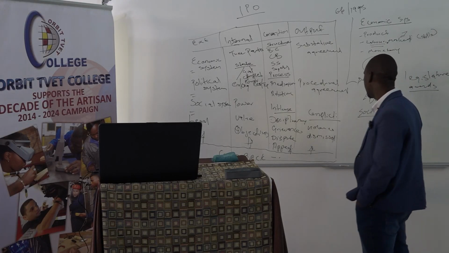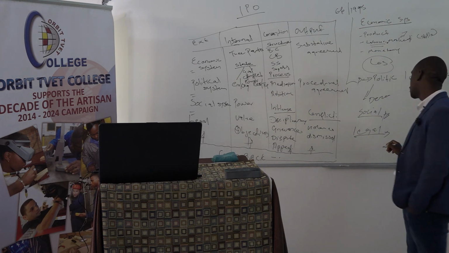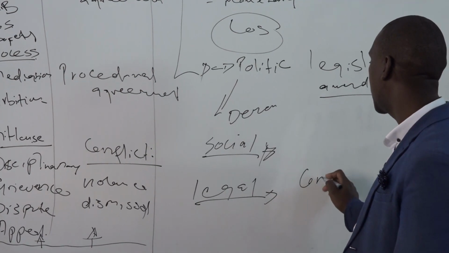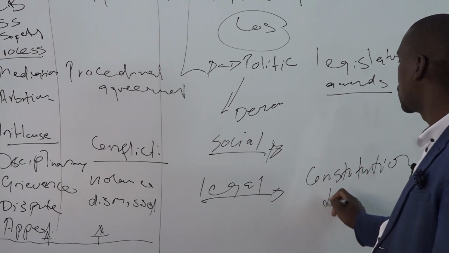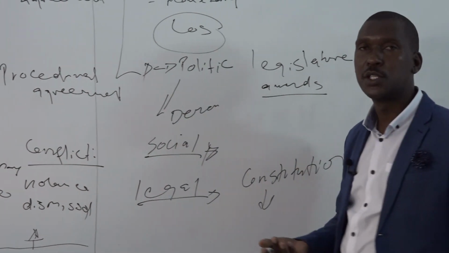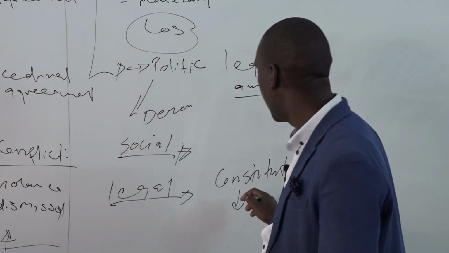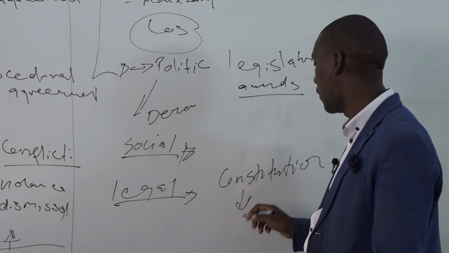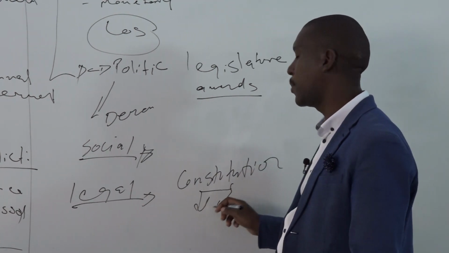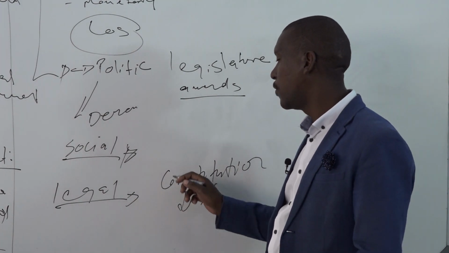Then we've got what you call the legal system. In our case, we'll start with the Constitution as the source of law. The Constitution of South Africa was approved by Parliament in 1994. This Constitution talks about the basic human rights. So in the labor market, we've got people.